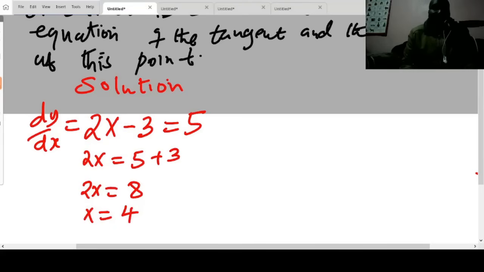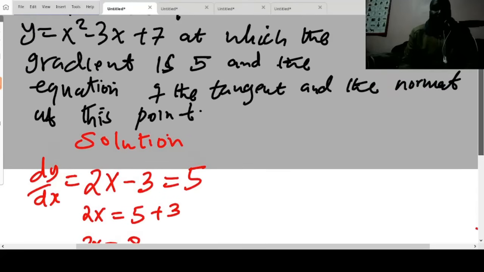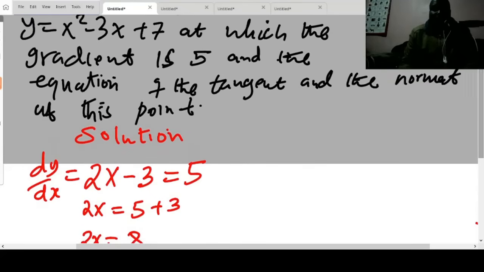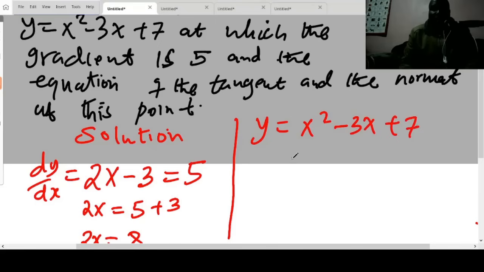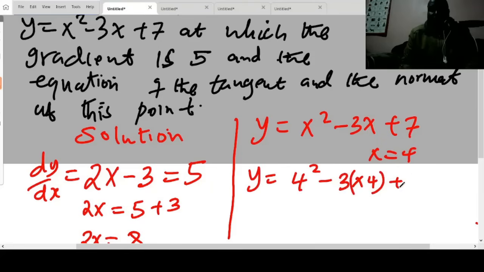Now the next thing, a point has to have the x coordinate and the y coordinate. Now we go back to our equation y, so we substitute. y is equal to x squared minus 3x plus 7. So our x is equal to 4. We substitute. So y will be equal to 4 squared minus 3 times 4 plus 7.